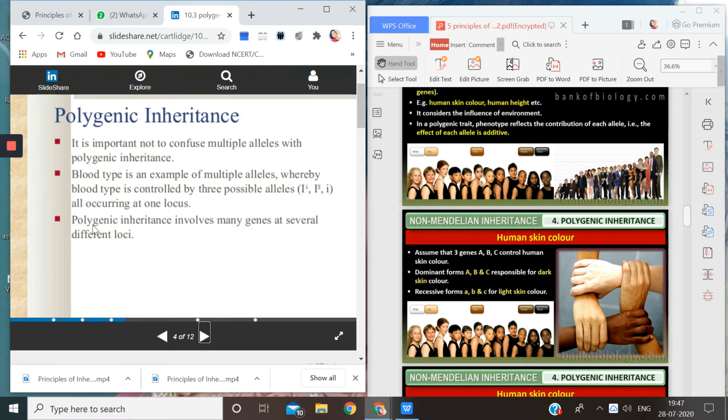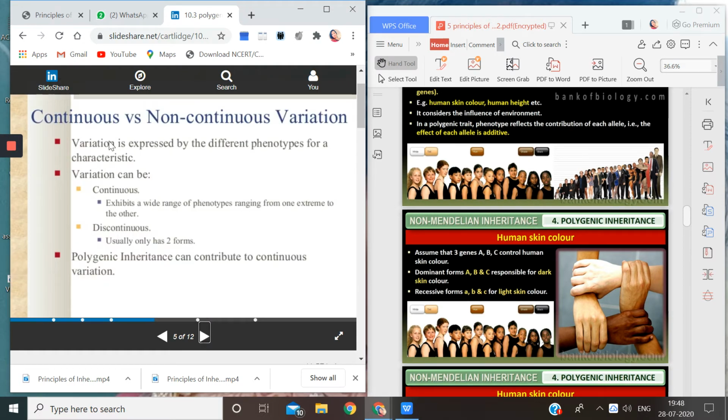But in polygenic inheritance, one character involves many genes, and because there are different genes, each gene will be present on a different locus. This is the difference between multiple allelism and polygenic inheritance. I hope now I am clear about the difference between the two.